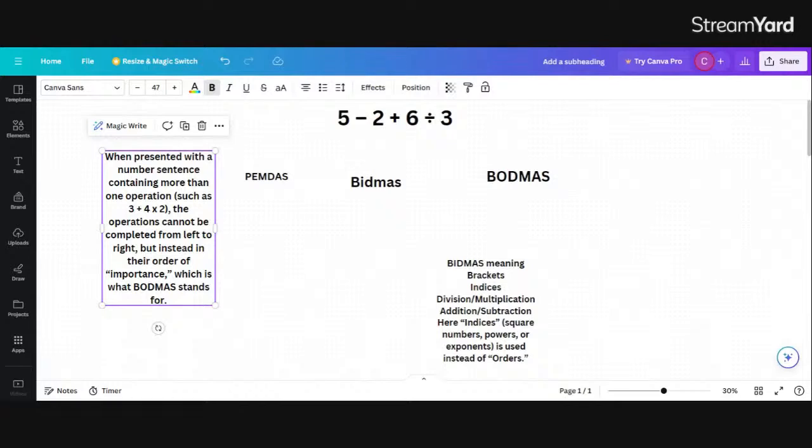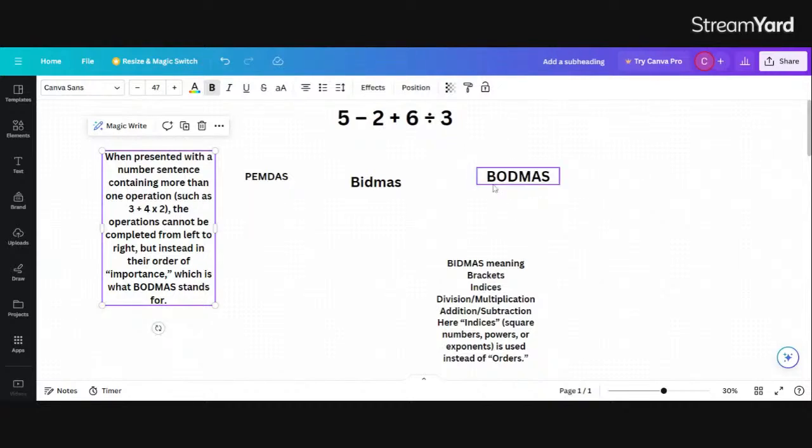The answer to this is not that. We have to follow the rules here. We have to go for either PEMDAS, BIDMAS, or BODMAS.